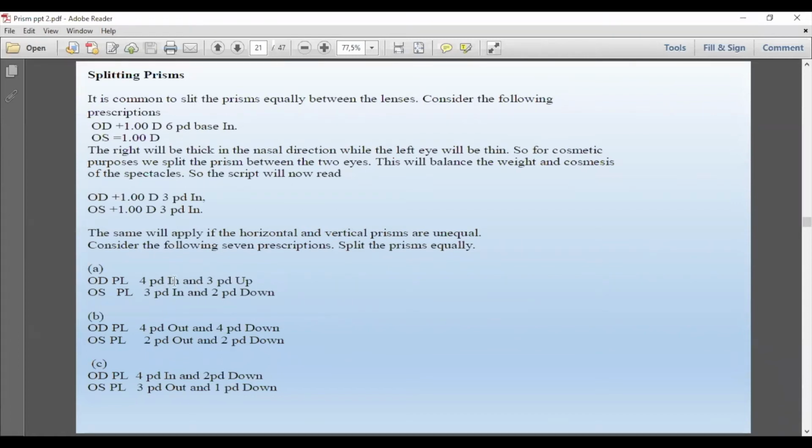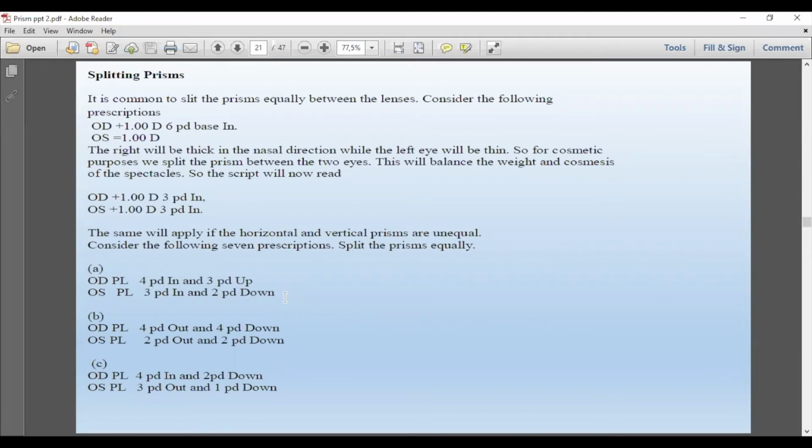I've got 4 in and I've got 3 in. Can you see that? So what's the total prism? The total there is going to be 7. I've got 3 up and I've got 2 down. What's the total? 3 up and 2 down. They're in opposite directions.